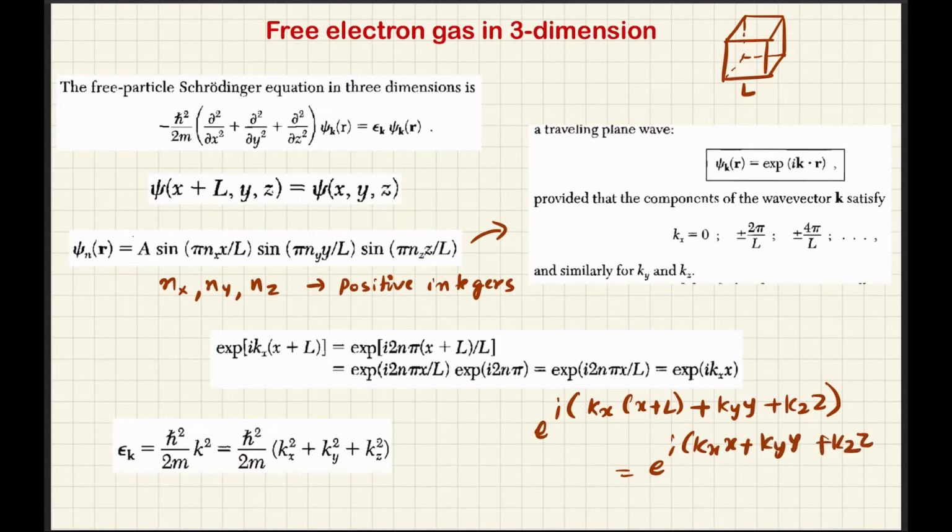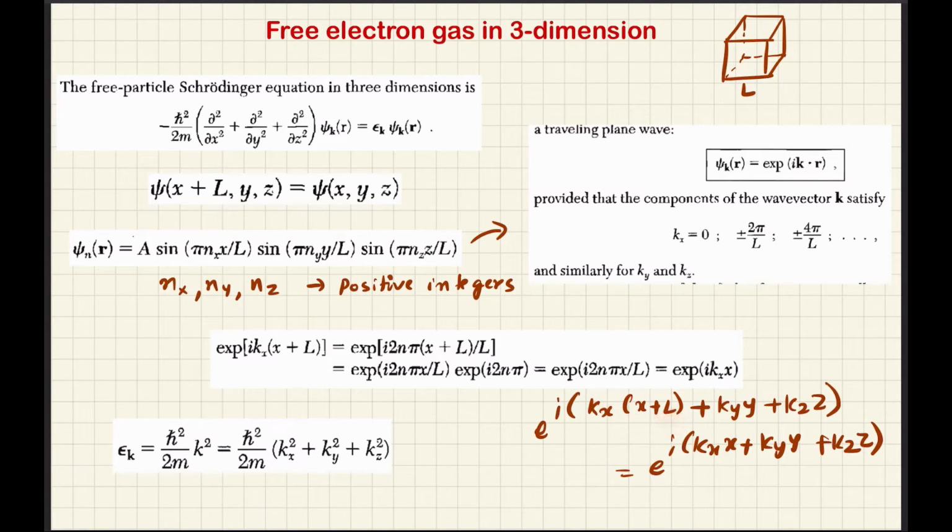So this is basically this boundary condition. Instead of x, in the first term you use x plus L. Then you arrive at common terms which you can cancel on both sides. These terms are cancelled, and these terms are also cancelled.